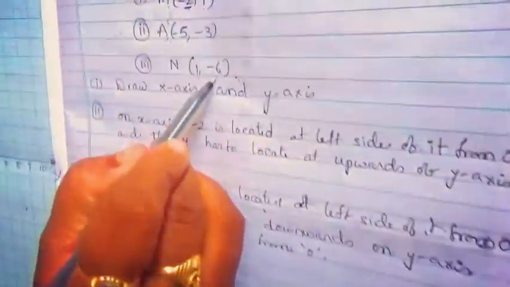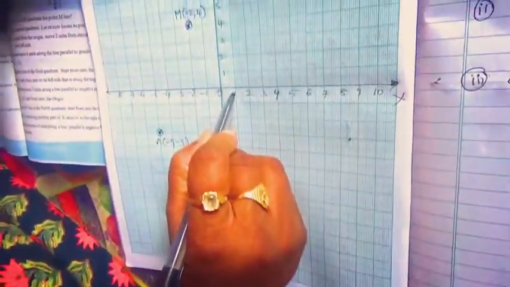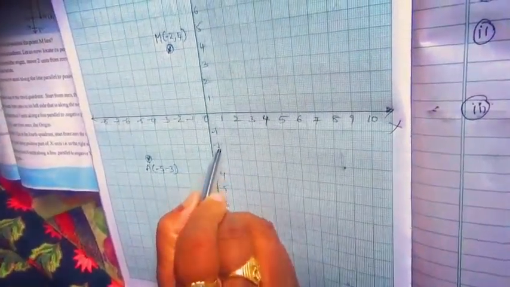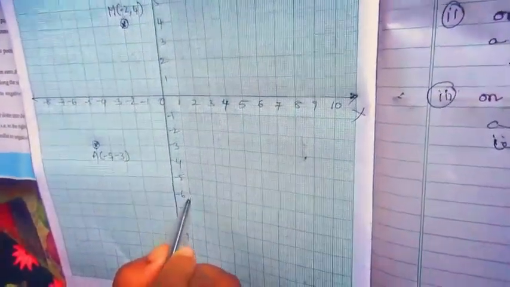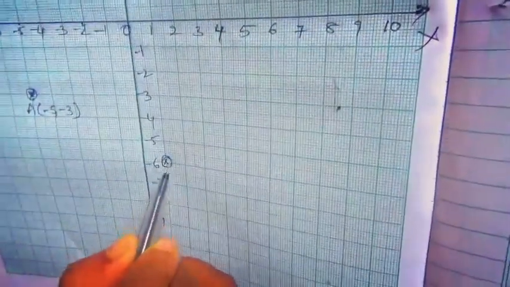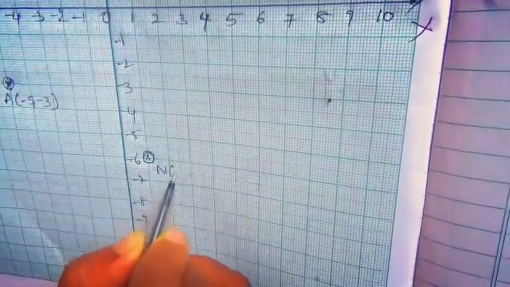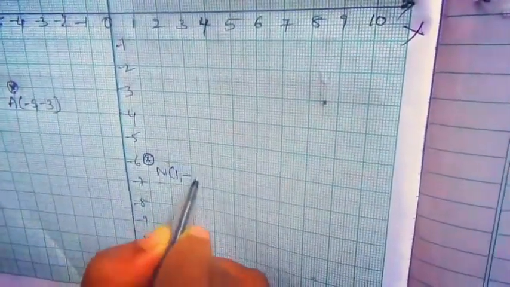The next point is N, 1 minus 6. N is on the x-axis 1 and minus 6 is here. Look at here, here it is the point, N of 1, minus 6.